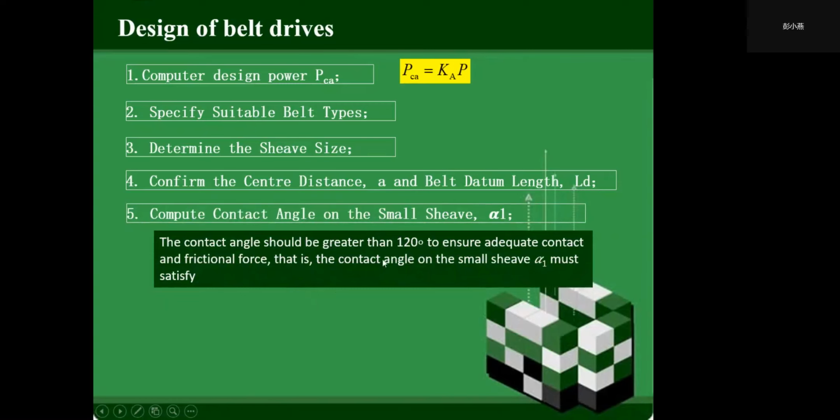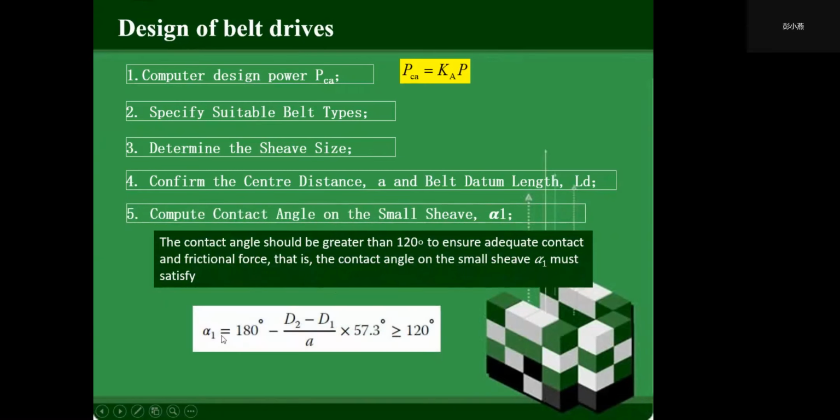That is the contact angle on the small sheave, alpha 1, which must satisfy this. We use this to calculate alpha 1. Do you remember? It's pi minus this, and should be larger than 120 degrees. A is the center distance, and D2 and D1 are the diameters of the driven and driving sheaves.